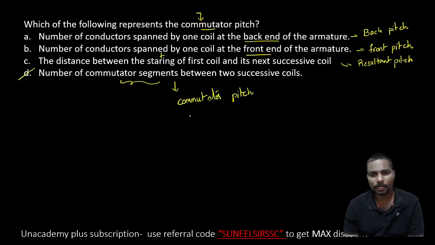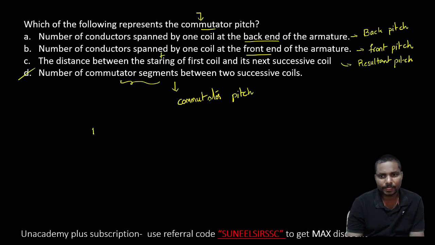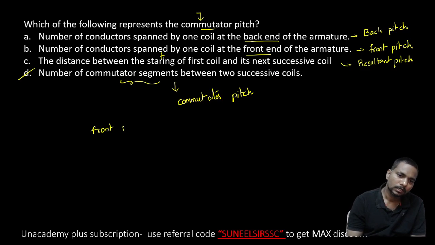Okay. And all of you remember one important thing here: the back end is the back pitch, the front end is the front pitch. And the resultant pitch gives the starting of the first coil to its next successive coil. Always this front pitch determines which type of winding it is. It determines the winding nature.